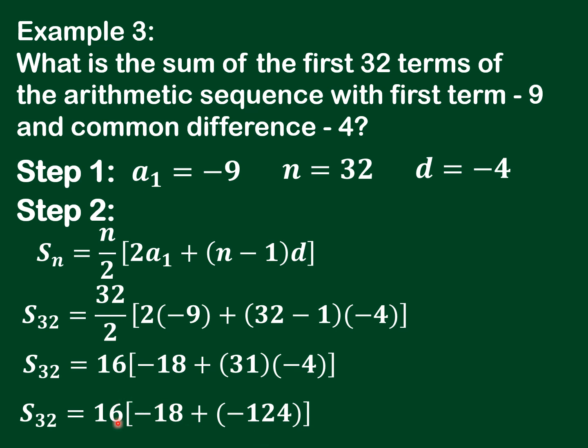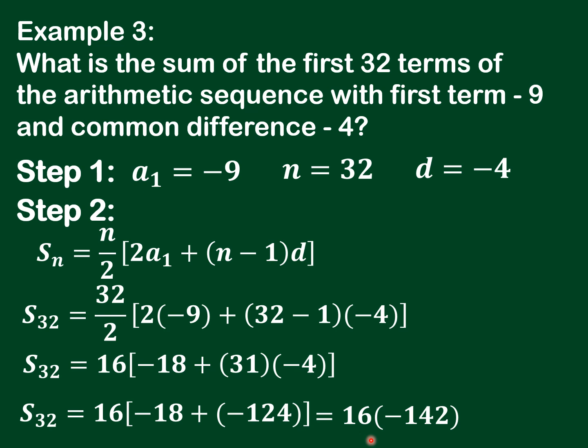And we have 16 times the quantity of negative 18 plus negative 124. So negative 18 plus negative 124 is equal to negative 142. And then multiply it by 16.